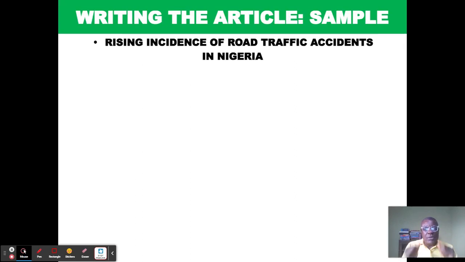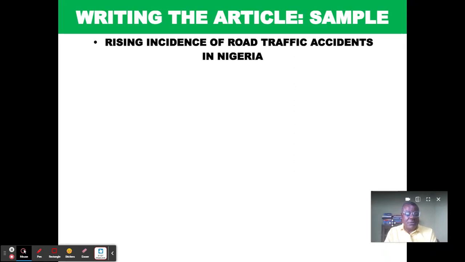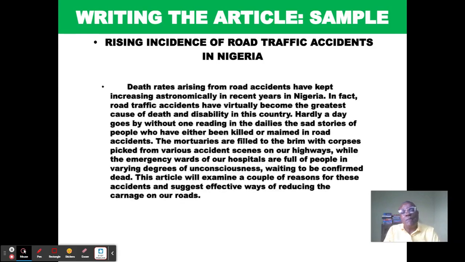Okay, so whenever you are writing an article, give it a catchy title. Let the headline be very prominent, very attention grabbing. Now you write it in capital letters at the top center of your answer sheet. Rising incidents of road traffic accidents in Nigeria.